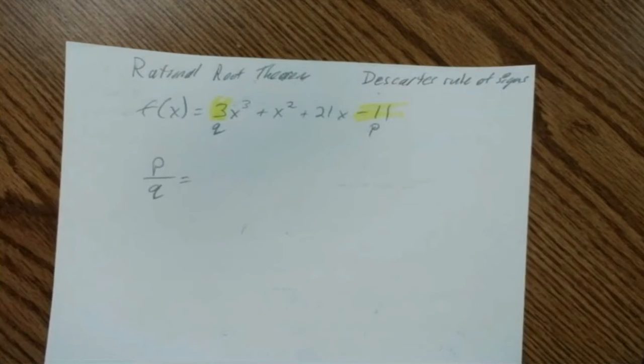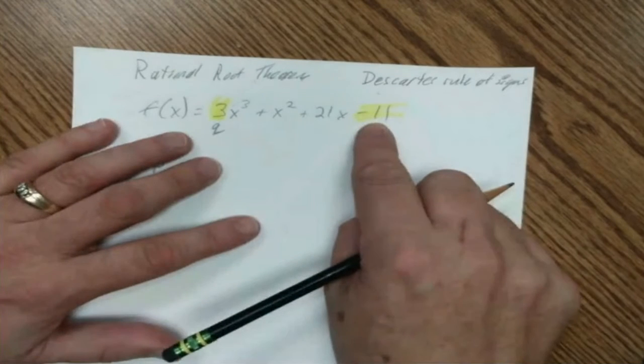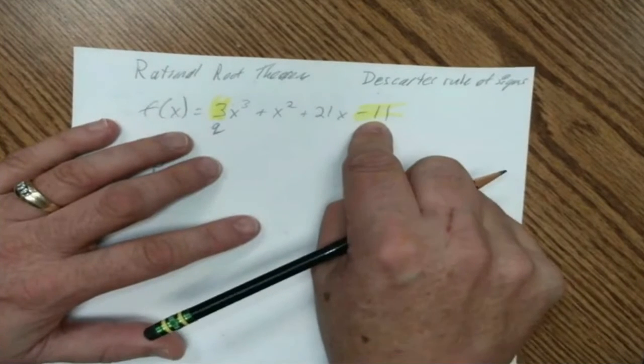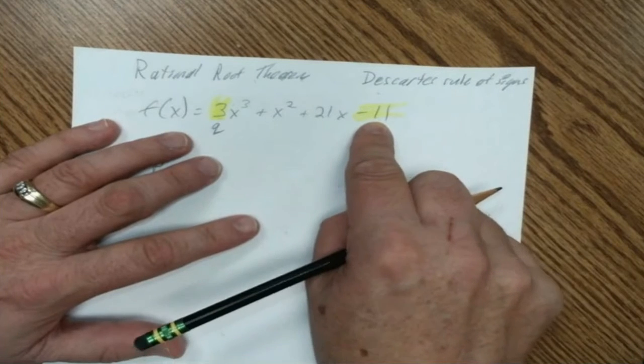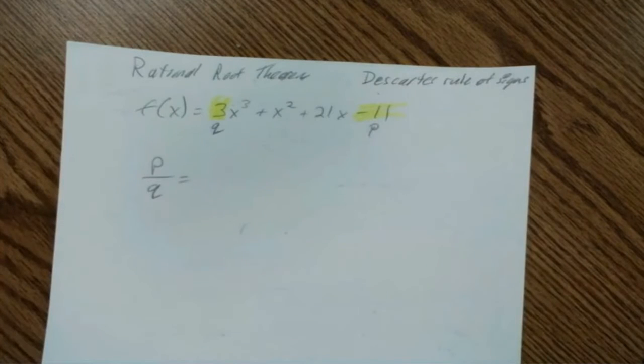So let me ask you another chat opportunity for those of you still awake. Negative 11. What are the factors of negative 11? What numbers can I multiply together to get negative 11? Give me all of the possibilities.